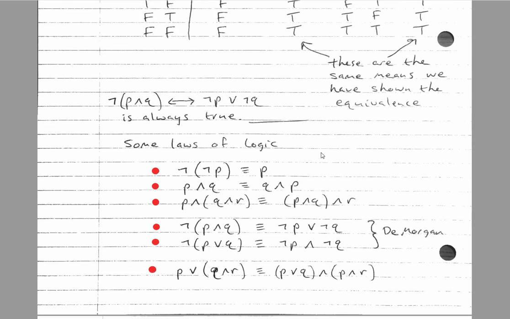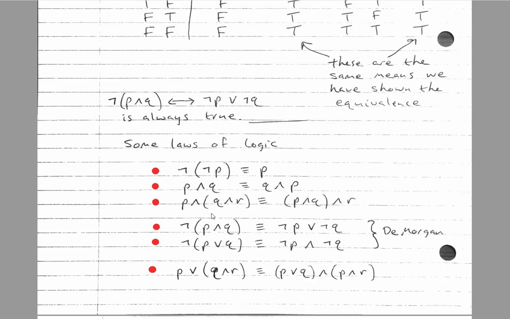Some other equivalences, yeah, these are the laws of logic. So we have this double negation: not not P is equivalent to P. P and Q is equivalent to Q and P. This is saying AND is commutative.